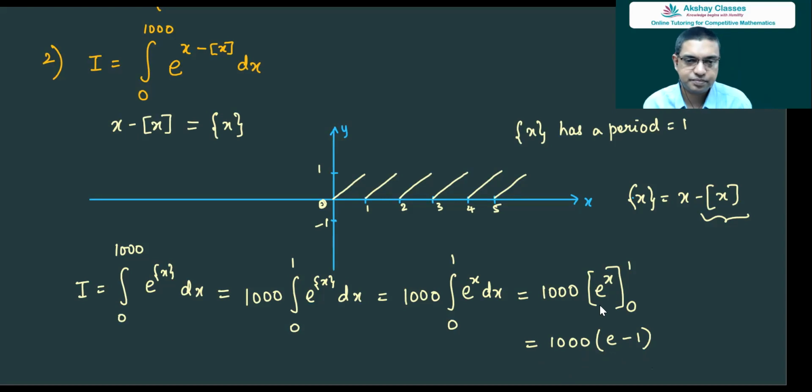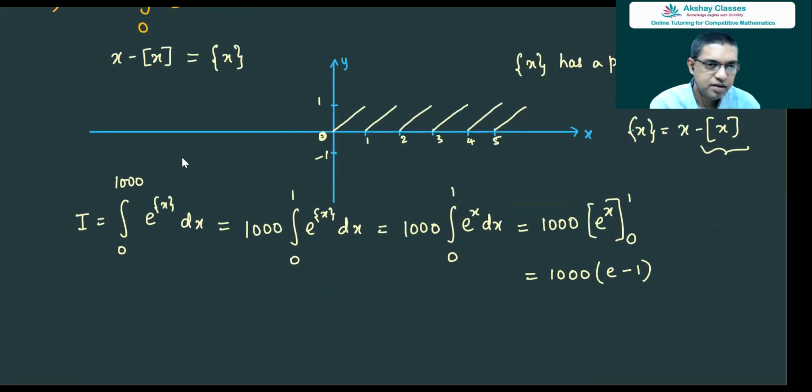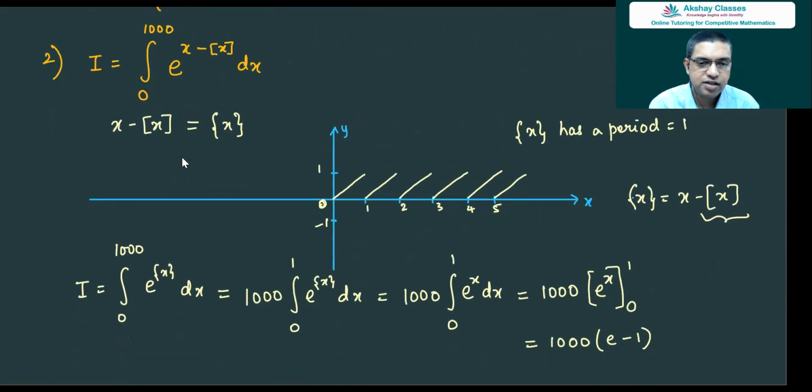This is the answer. Got it? Please take down: thousand times e minus 1.